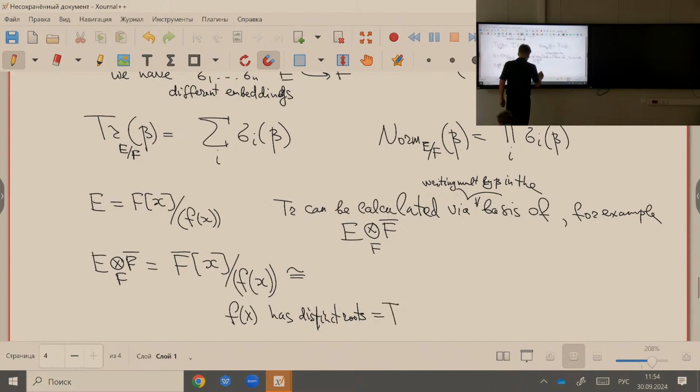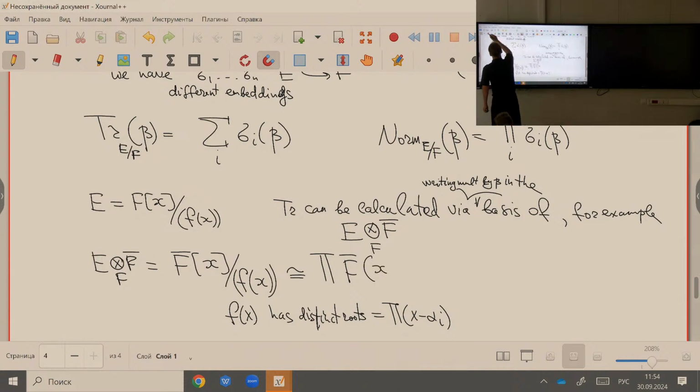So the product of f[x]/(x − alpha_i). So this is a product of algebras obtained as f-bar adding x. I shall write it like this specifically in order to see how multiplication works, of course on all the summands.